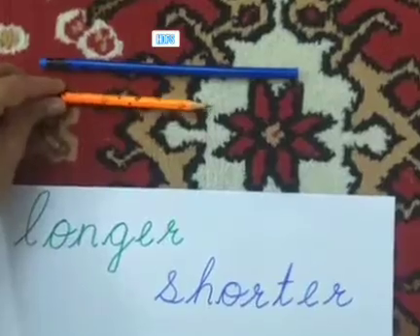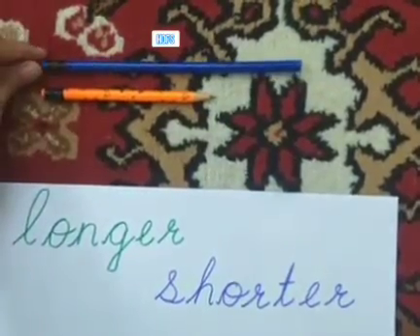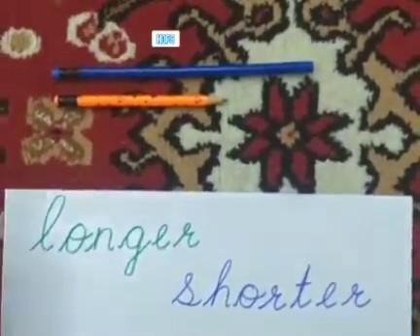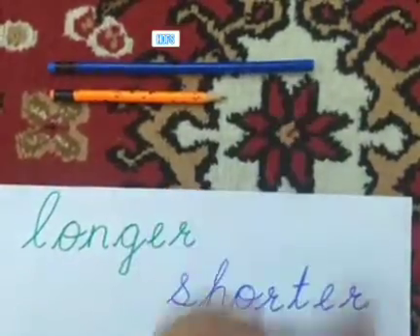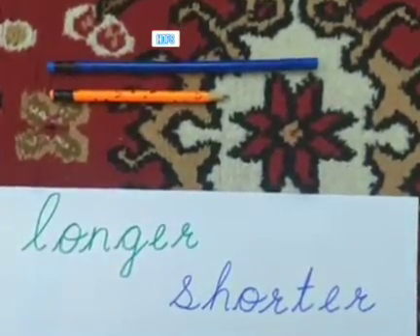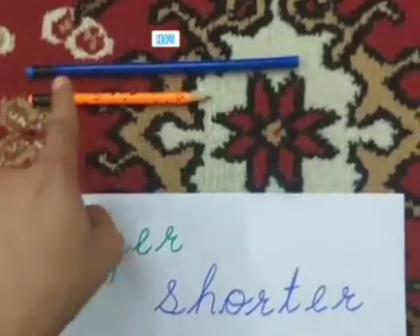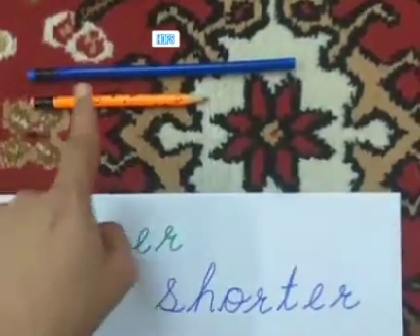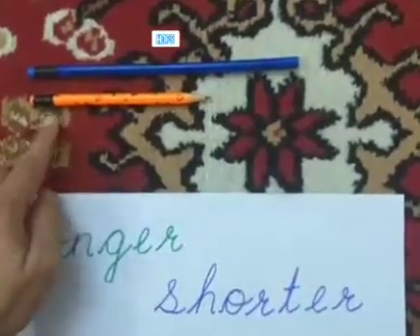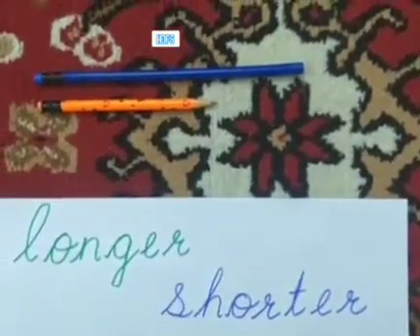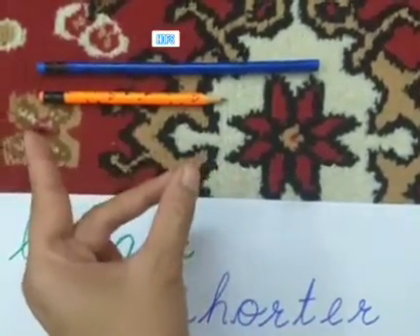If I keep them just very near to each other, you can see that the blue pencil is longer. Isn't it longer? The blue pencil is longer and the orange pencil is shorter.